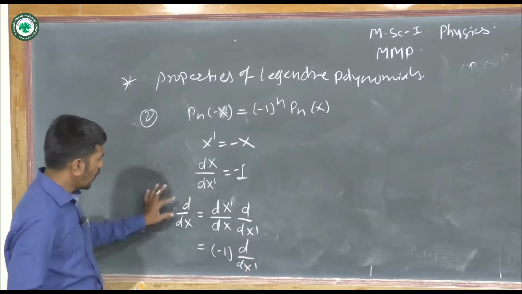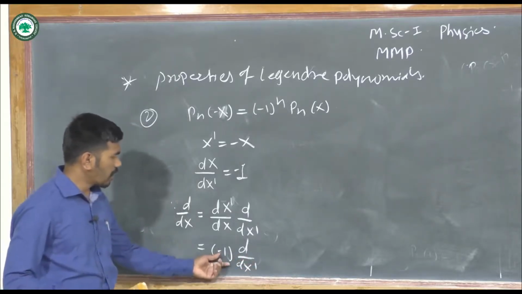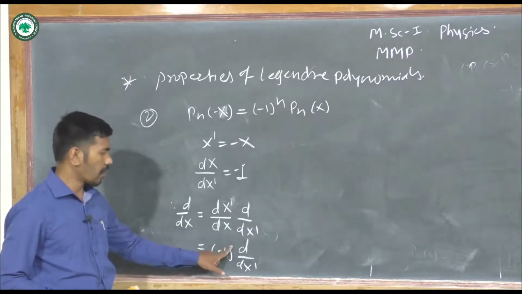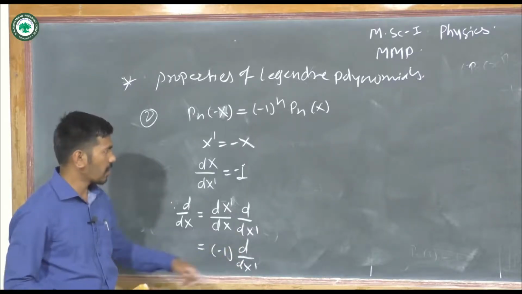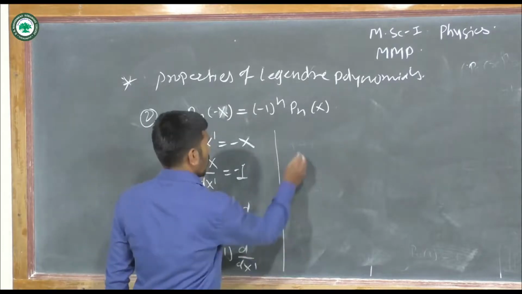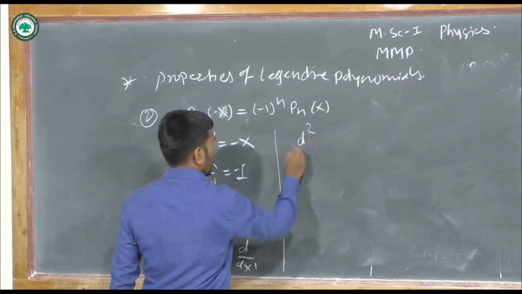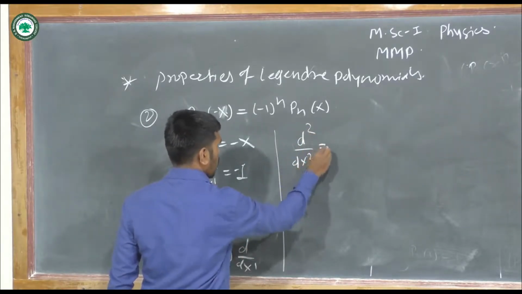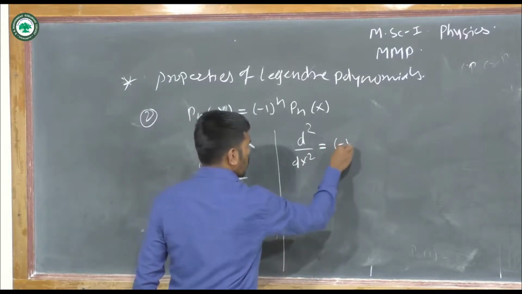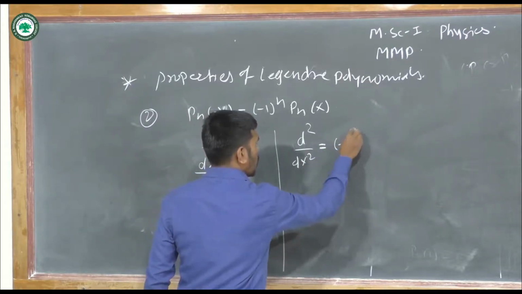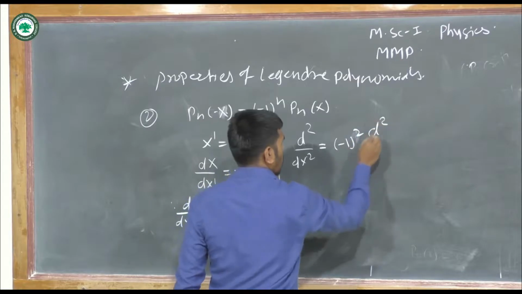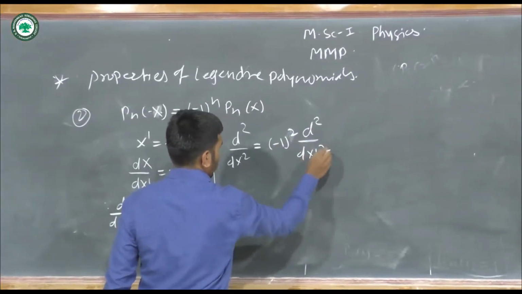So now d by dx is equal to minus 1 power 1 times d by dx prime. Now d square by dx square is also equal to minus 1 power 2 times d square by dx prime square.